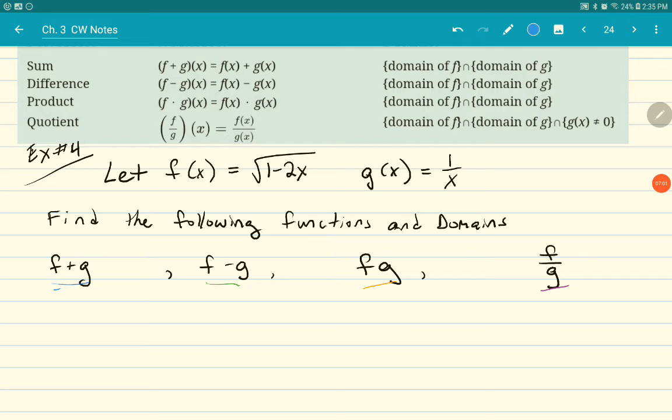Start by finding the domains of the original functions. With f of x, that's under a square root, so that tells me that 1 minus 2x must be greater than or equal to 0.